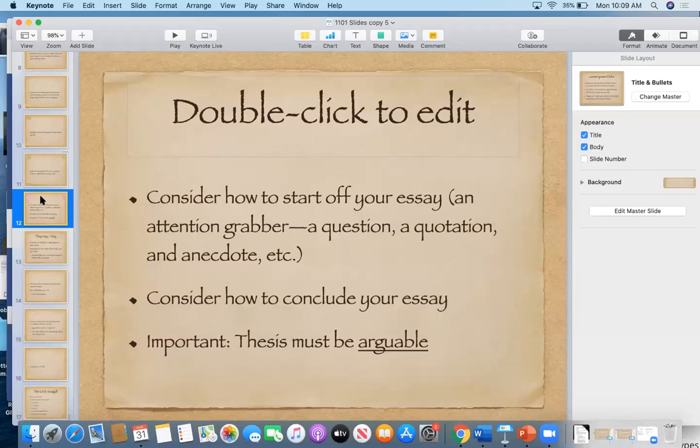So for example, if you're saying something like, oh, well, the sky is blue. Well, okay, nobody's going to disagree with that, right? Everybody knows that the sky is blue.